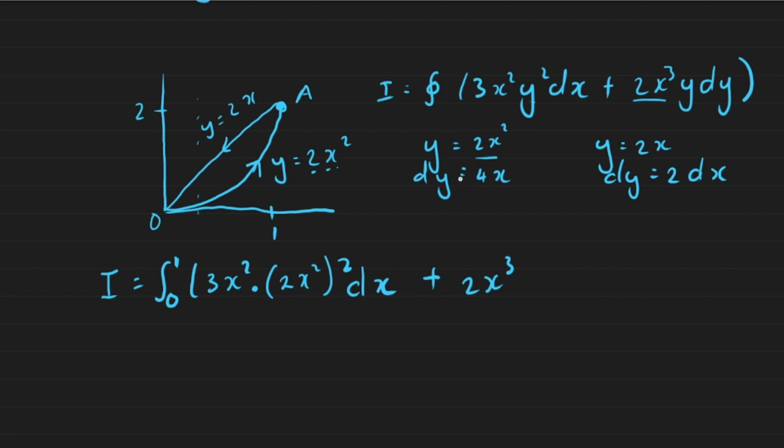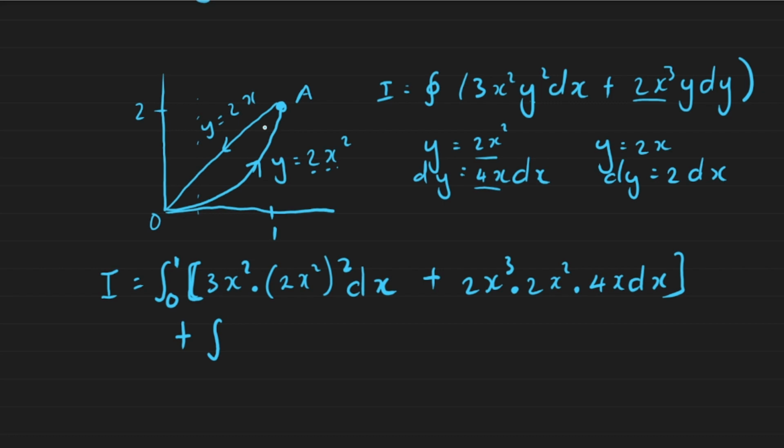Y is 2x squared and dy is 4x dx. And let's not forget that we have to add this to this now.